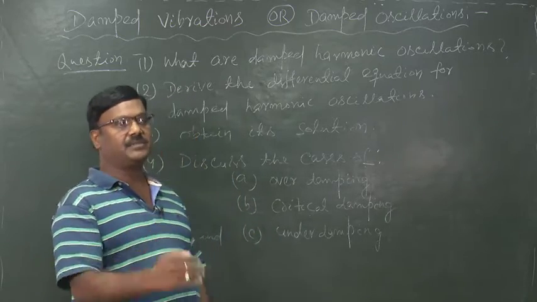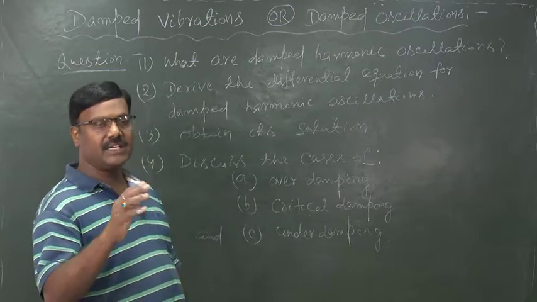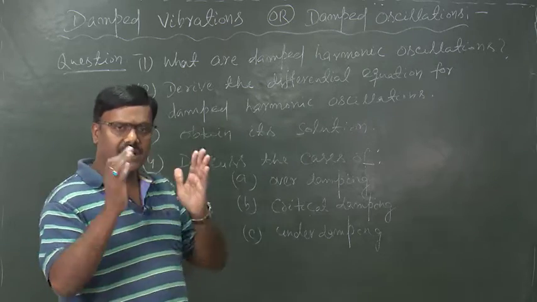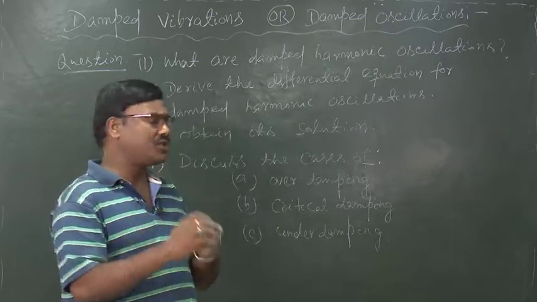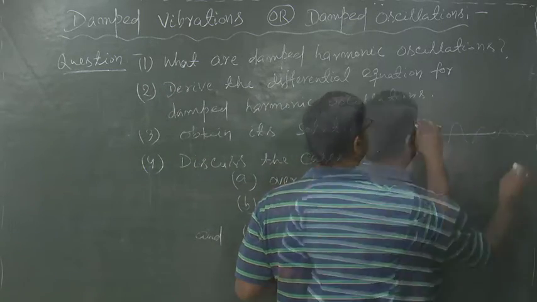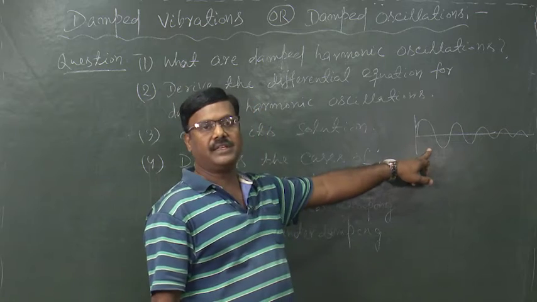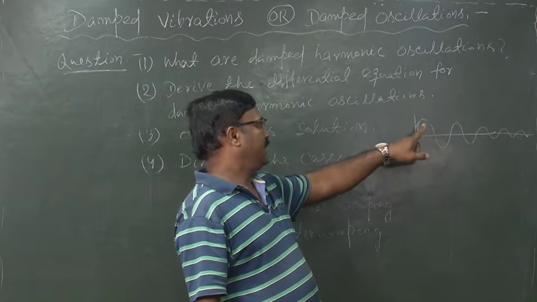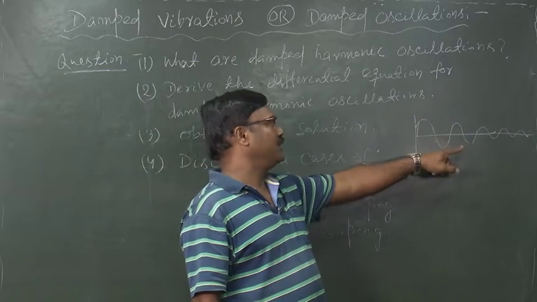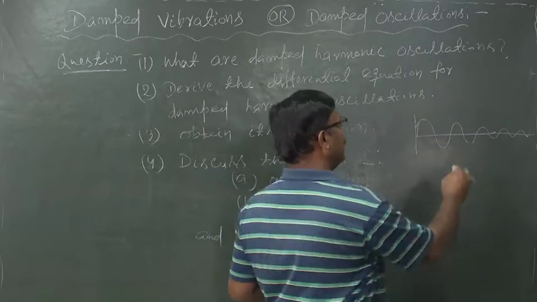With the passage of time, its energy decreases and also the amplitude decreases, and graphically we can show a damped harmonic oscillation like this. This is the graphical representation of the damped harmonic oscillation whose amplitude gradually decreases with time.